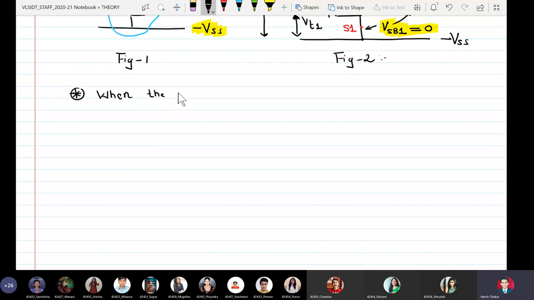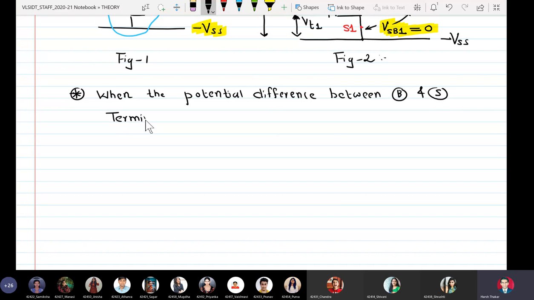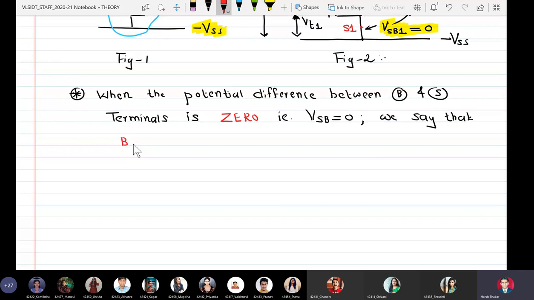When the potential difference between body and source terminals is 0, that is when VSB equal to 0, we say that body effect is absent.